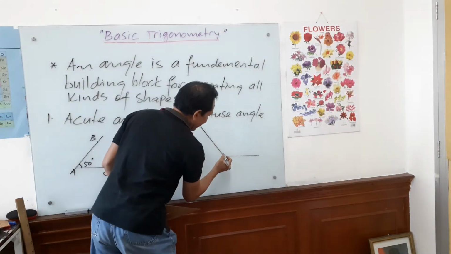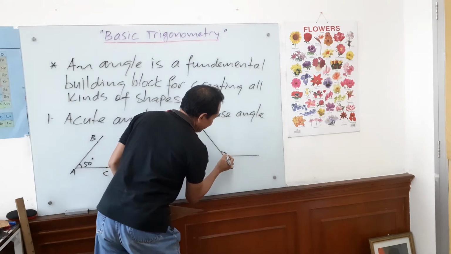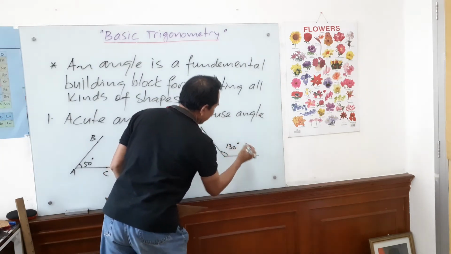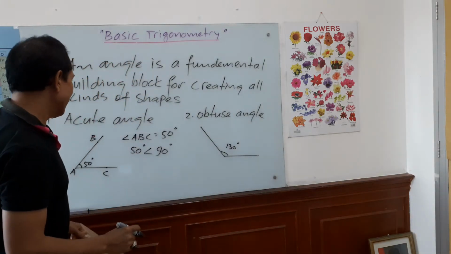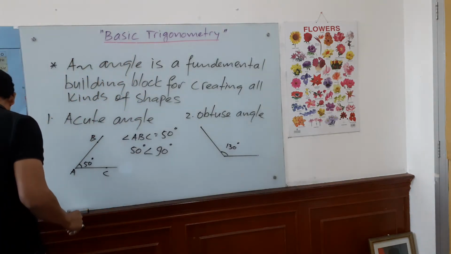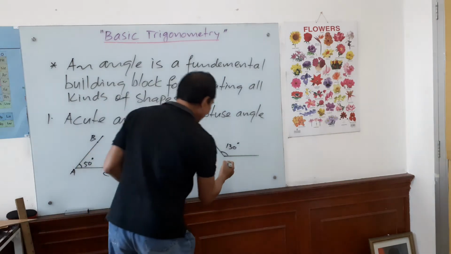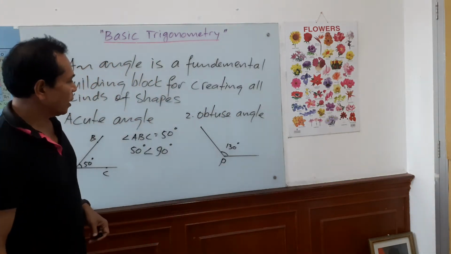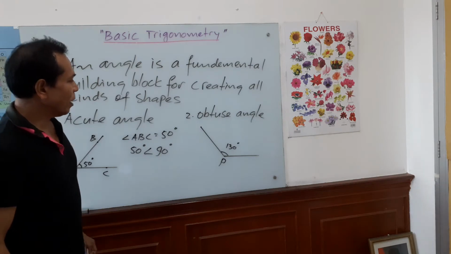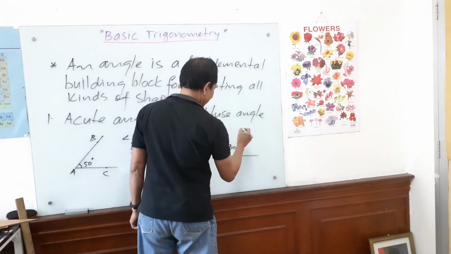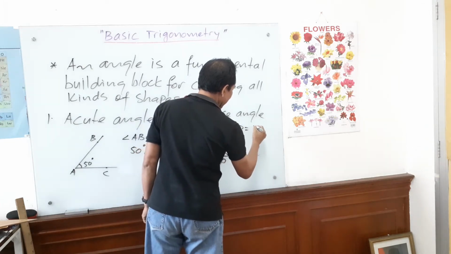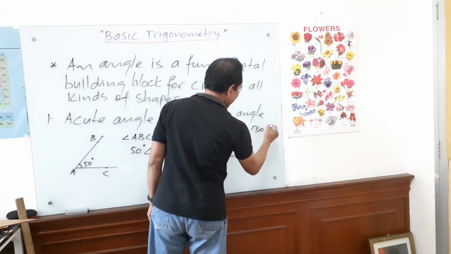So this angle here is 130 degrees. All right? Now, for example, we call it angle P. Angle P equals 130 degrees.